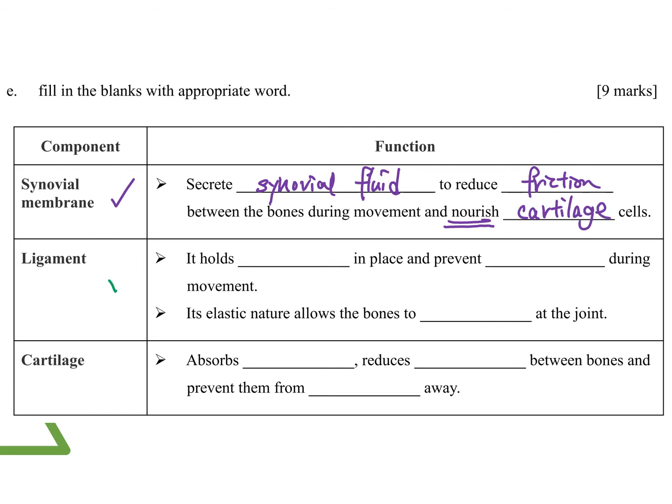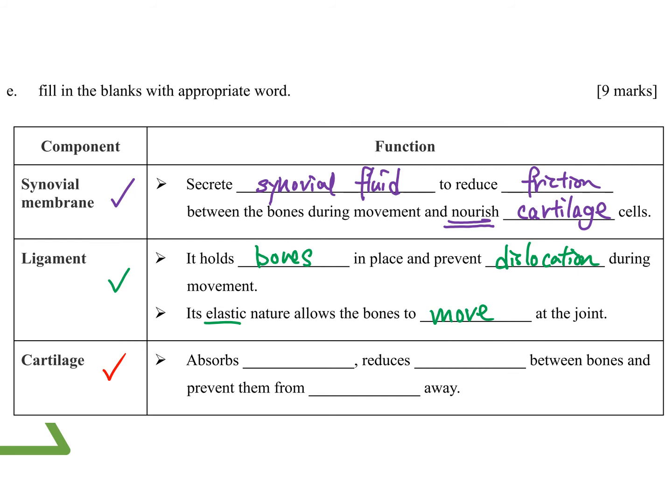Let's take a look at the next. Ligaments. What is the function? It helps to hold the bones in place and prevent dislocation, 甩臼, during movement. It is also elastic in nature so that it allows the bones to move at the joints. The last part, cartilage.